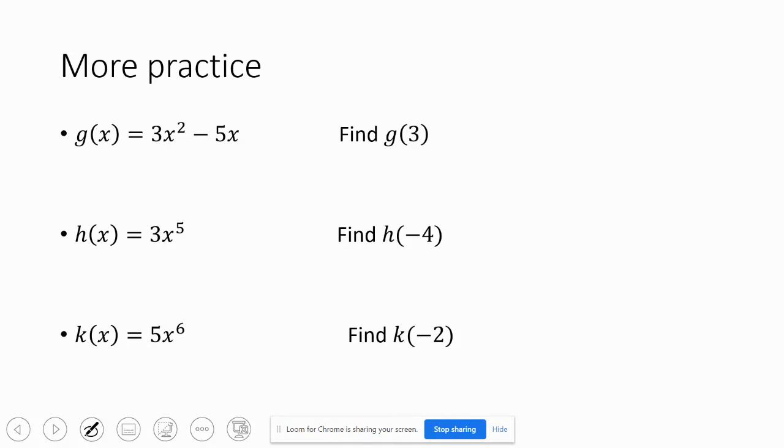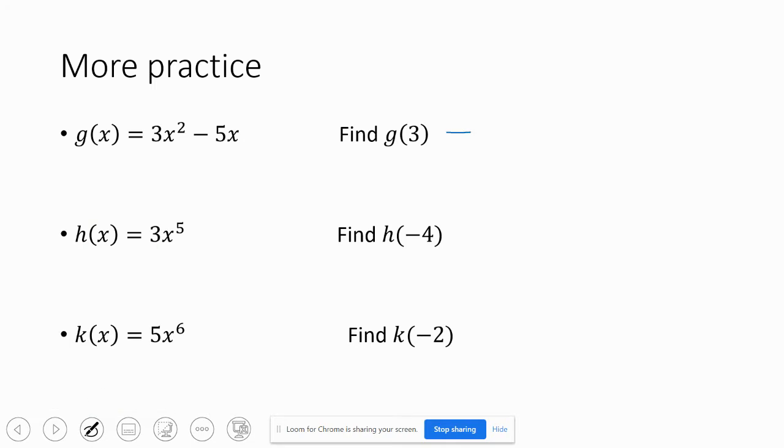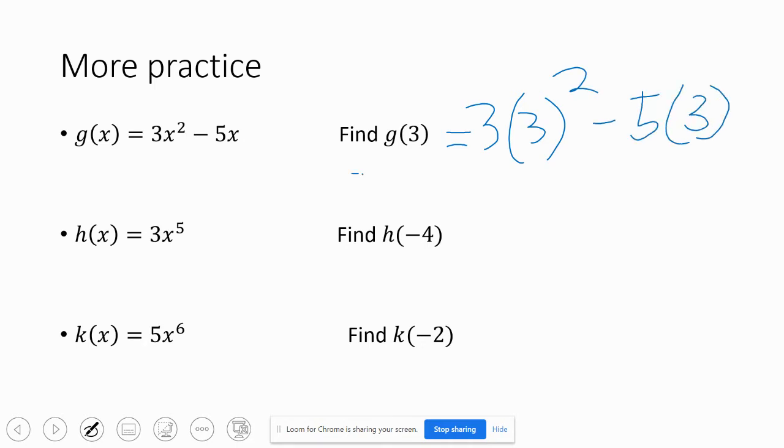So some more practice. Let's say we had g of x equals 3x squared minus 5x. Find g at 3. So g at 3 would be 3 times 3 to the second minus 5 times 3. Follow the order of operations.